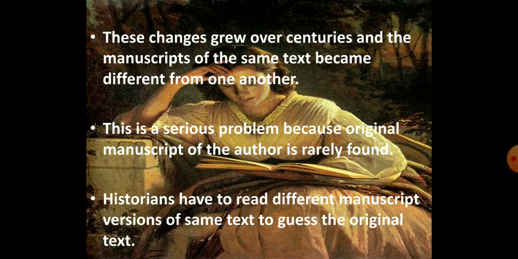These small changes grew over centuries, and the manuscripts of the same text became different from one another. This is a serious problem because original manuscripts of the author are rare to find. So historians have to read different manuscript versions of the same text to guess the original text.